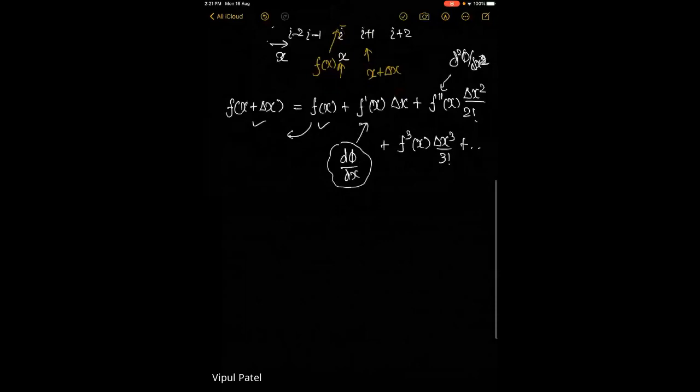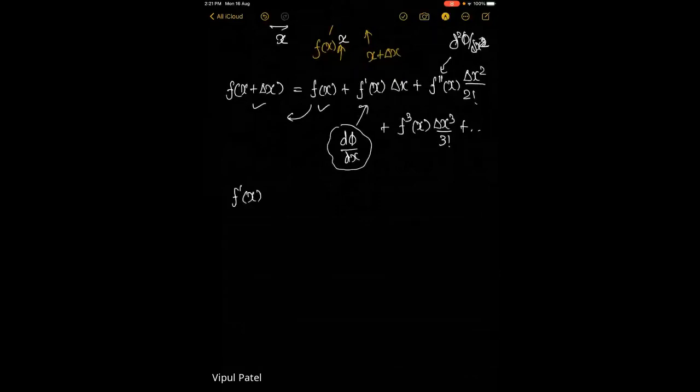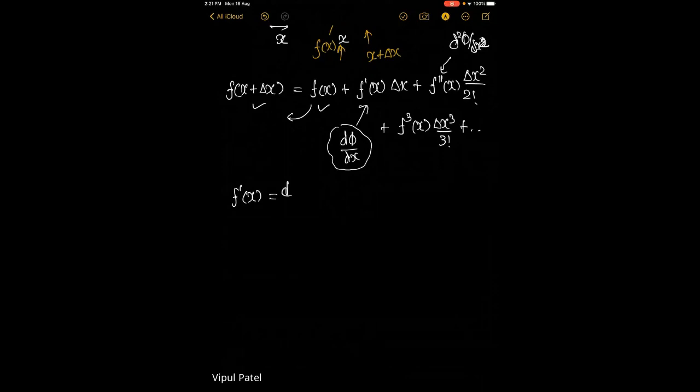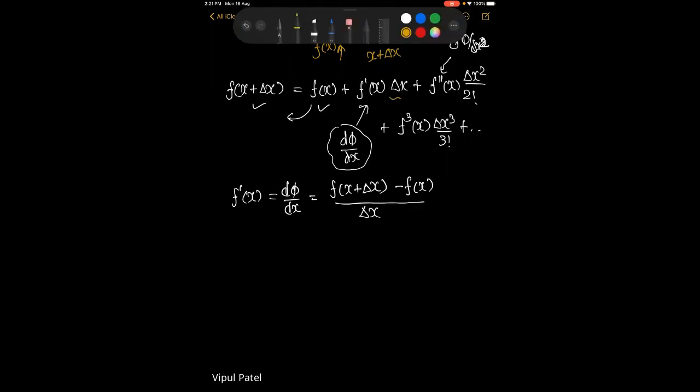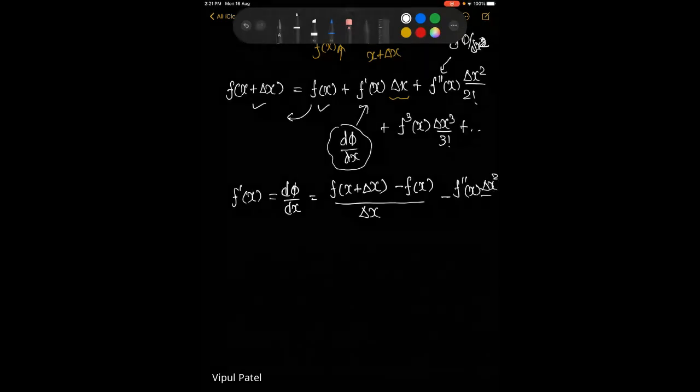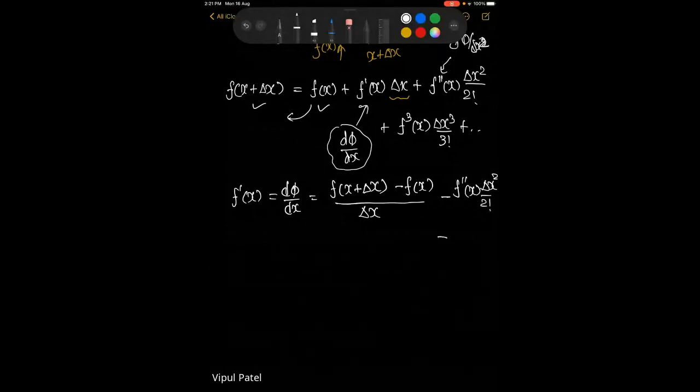So your final expression can be f prime x, or you can say d phi by dx, is equal to f of x plus delta x minus f of x divided by delta x, because this delta x is actually in the multiplication term, so that comes into the denominator part. And then we are also bringing all the remaining terms, so I'll take this minus sign, then f double prime x delta x square by 2 factorial. Then there are higher order terms, right?